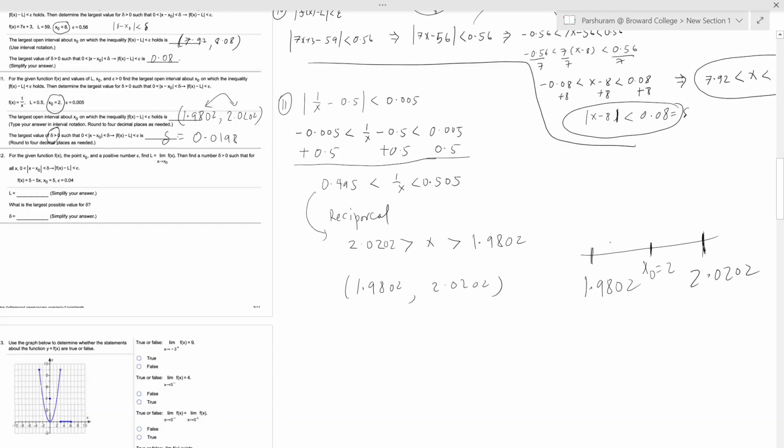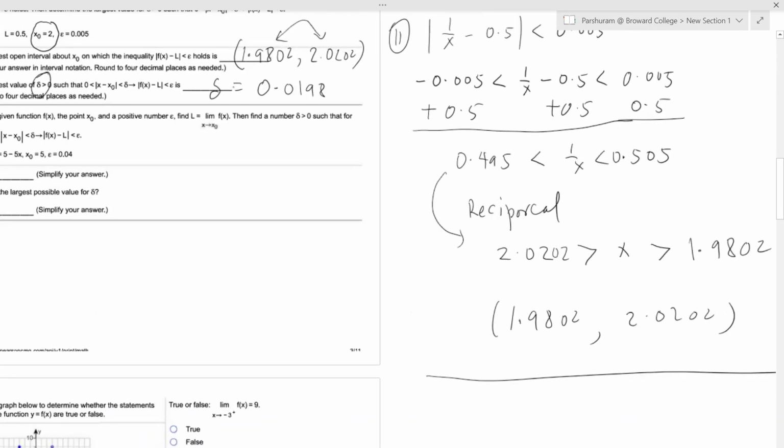You find the difference between these two points and the difference between these two points, and you choose the smaller one. So the difference between these two is 0.0198, and the difference between these two is 0.0202. So this one is the smaller one. That's why the value of delta is 0.0198. Okay, so that's problem 11.